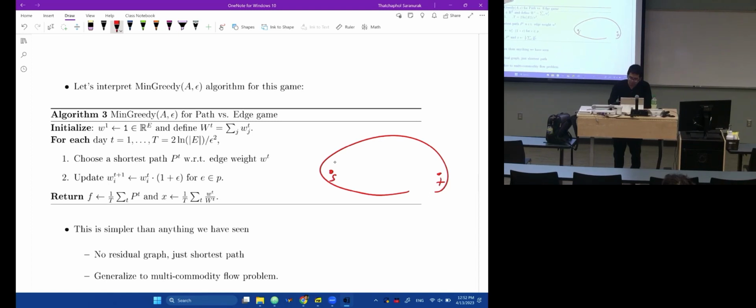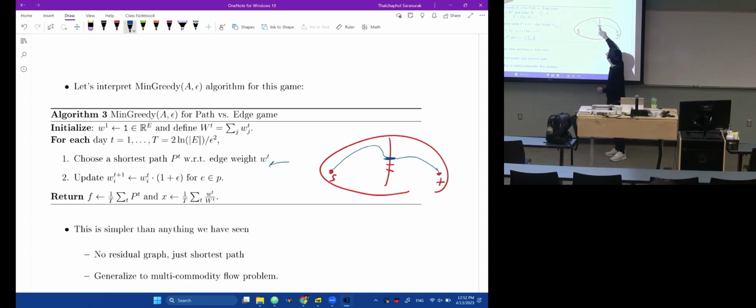If you have a graph, and let's say there is some min cut here. When you try to compute max flow using this algorithm, it will just find some path, and then it will increase the weight along the path. Basically, when the edge here is increased, next time you will try to distribute the flow.